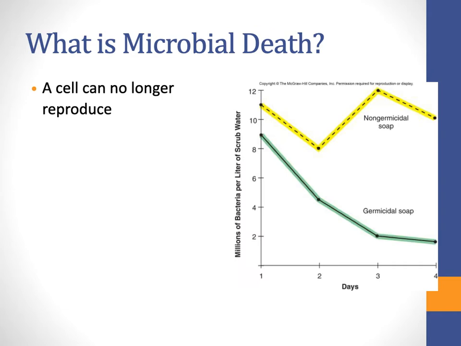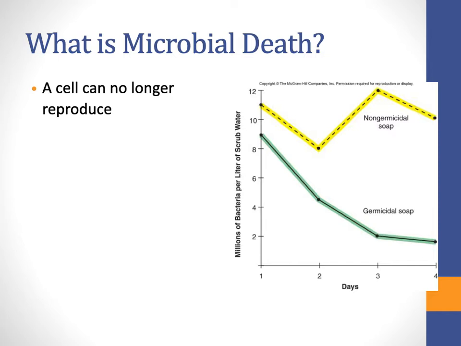Now, we had talked about the idea of microbial death. I didn't use the specific term microbial death, but we had talked about how we can have something that is cidal. So in our example here with this figure, we have something that's germicidal, so it would kill germs. So we can see a dramatic decrease in the number of bacteria that are found when exposed to this germicidal soap.